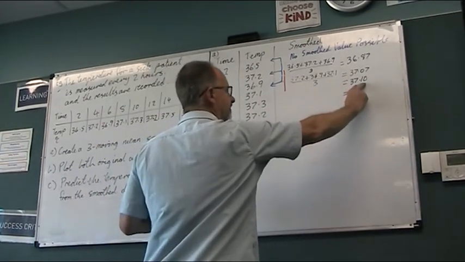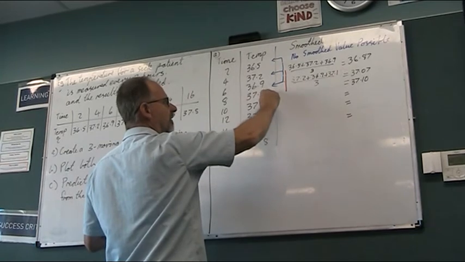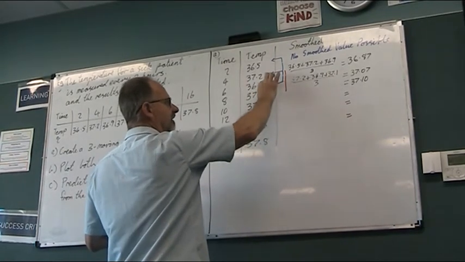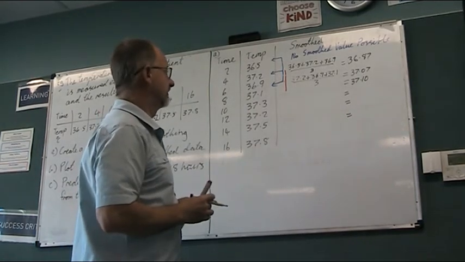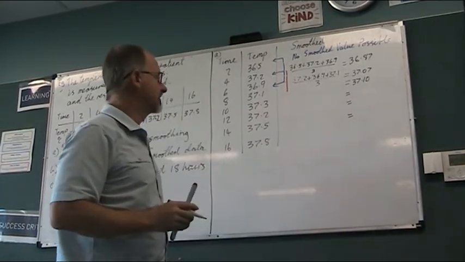And so this one I've just written down 37.1. What we would do is take these 3 and average them. Wait, the mean is the same. Is it coincidence?